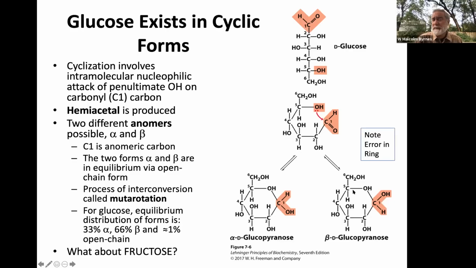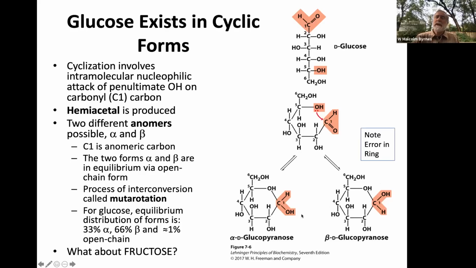When there's a D isomer, the CH2OH is in the up position, and the beta form, which has the OH on the same side as the CH2OH, is in the up position. In the alpha, the OH on carbon 1 is down, on the opposite side of CH2OH.